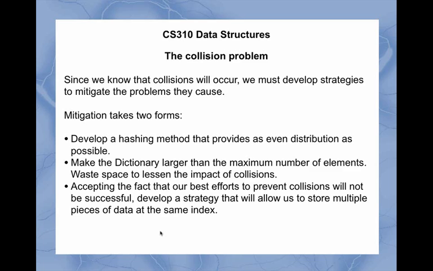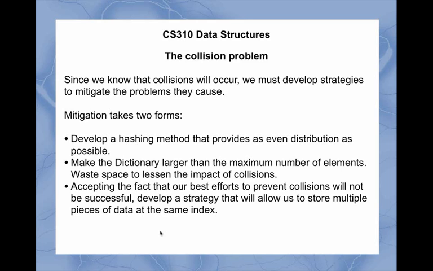Mitigation takes two different forms, or there are different ways to approach it. First, you have to develop a very good hashing code or hash method that provides as even a possible distribution of the keys given some arbitrary string input. The next thing we want to do is make the dictionary larger than the maximum number of elements we expect.